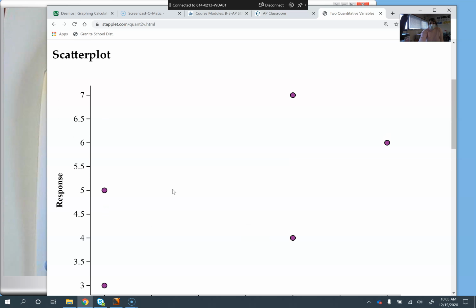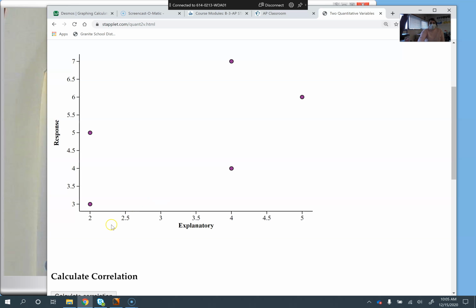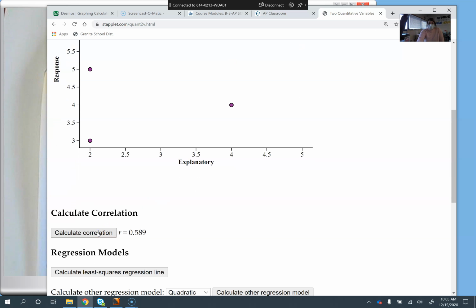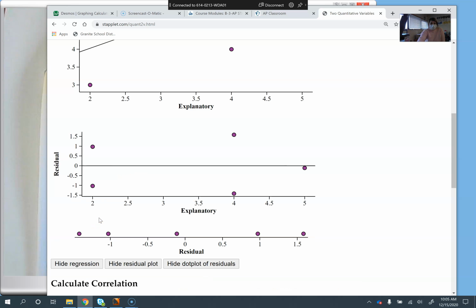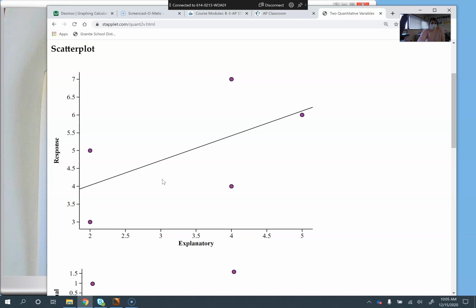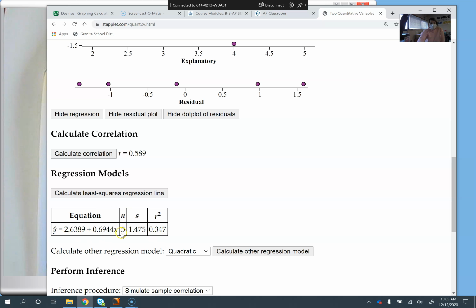And it gives you your scatter plot. So now I'll zoom out a little bit. Okay, calculate correlation. This has a correlation of 0.589. Is anybody getting 1? Okay, then below that it says calculate least squares regression line. And it gives you your regression line, your residual plot, and then down in this little box, it gives you your equation, your S and R squared. So we fill that in here now on our paper.